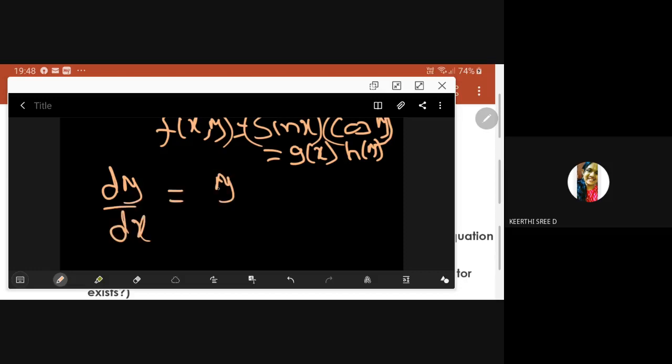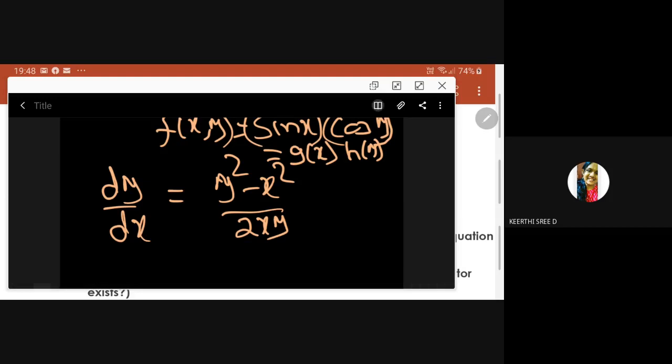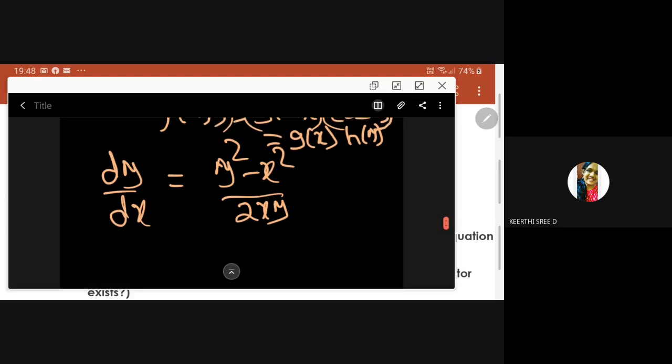That is what we have seen in that note. But see, this you cannot write as something involving x into something involving y. This is not a separable equation.